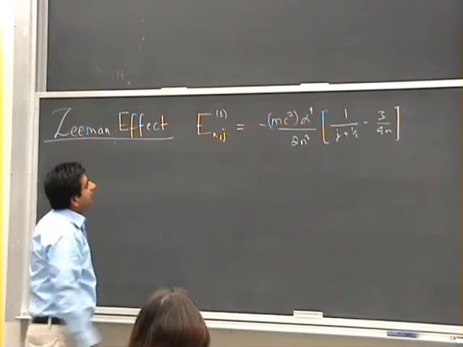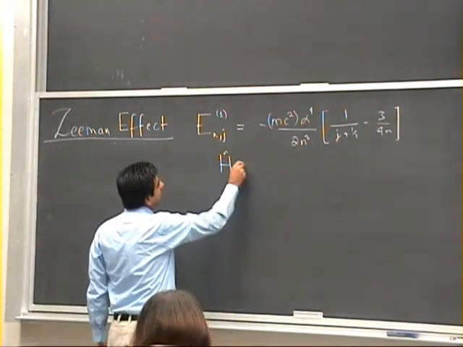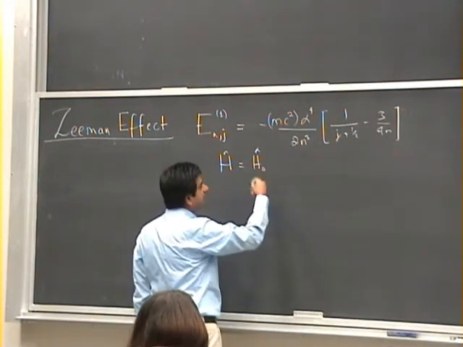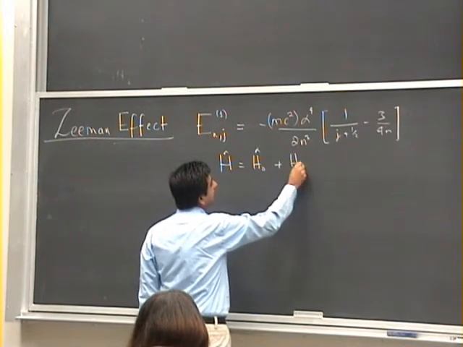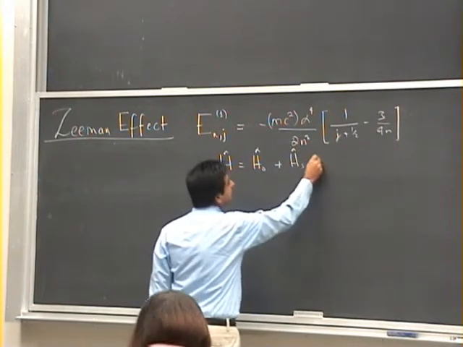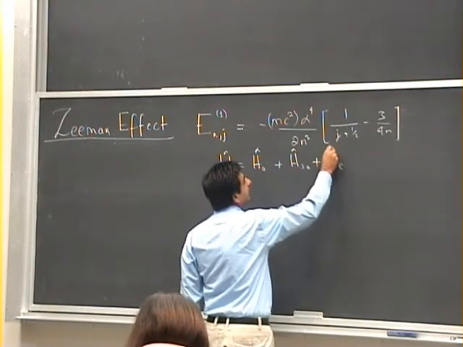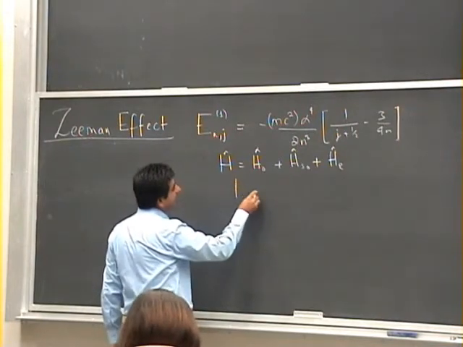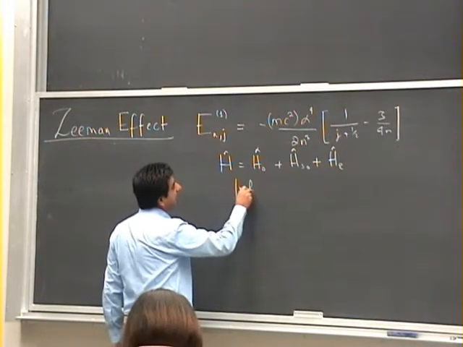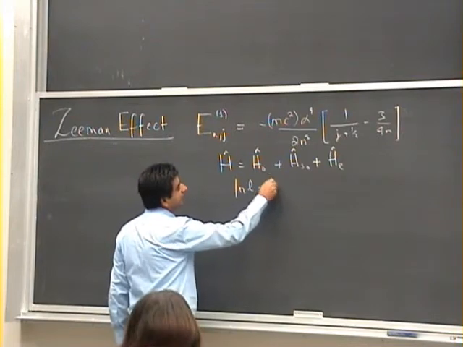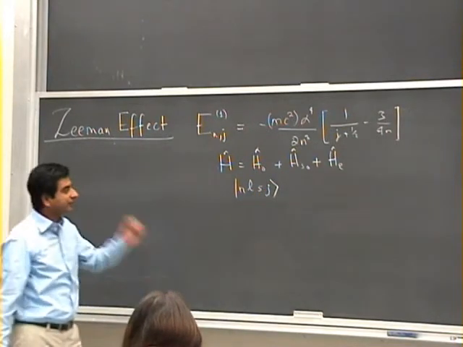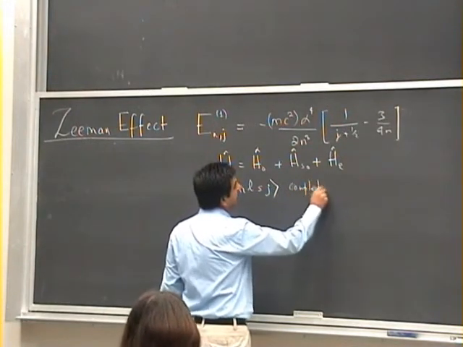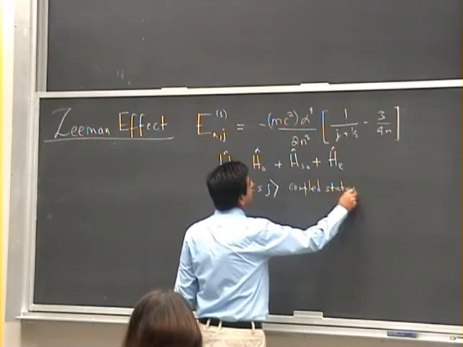And if you look at the total Hamiltonian now, which is a combination of the Coulombic Hamiltonian plus the kinetic energy correction as well as the spin orbit interaction plus the relativity interaction, then the quantum states which are ideal states of this Hamiltonian are the states represented by n, l, s, j. Okay, so these coupled states are the ideal states of this Hamiltonian.